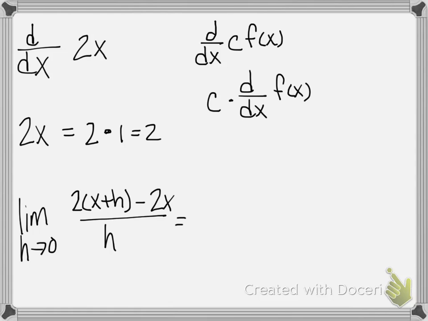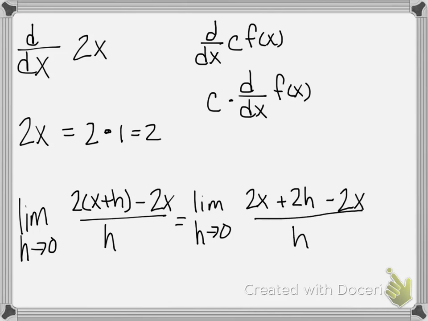It's going to be equal to the limit as h goes to 0 of 2x plus 2h minus our f of x, which is 2x, all over h.